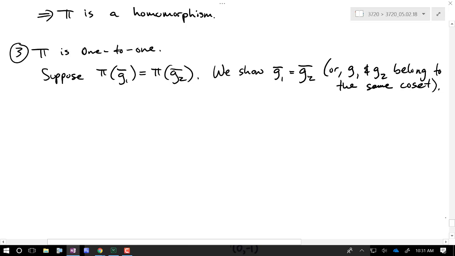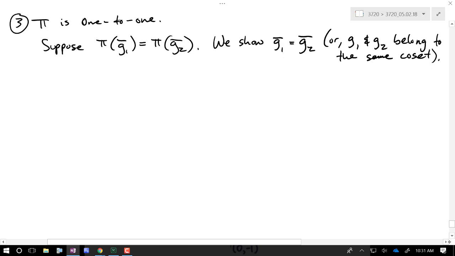All right, let's see what we get. What is pi of G1 bar? How do we define that?